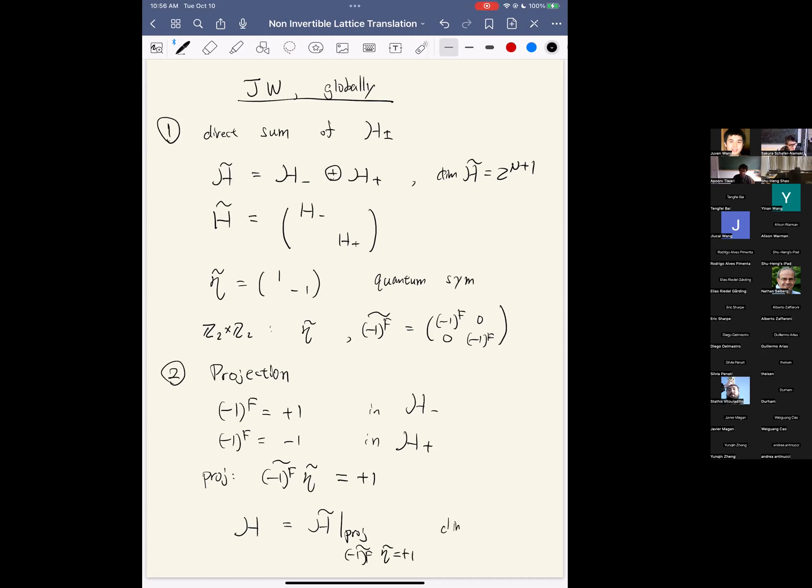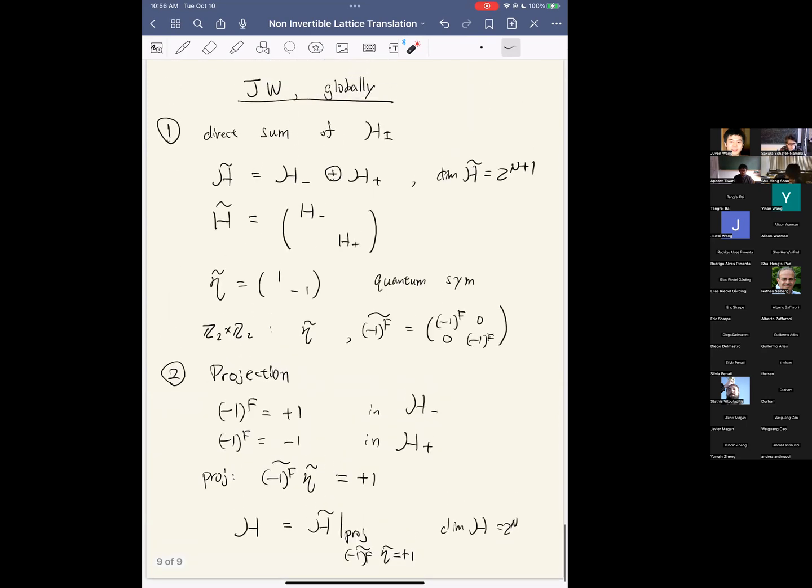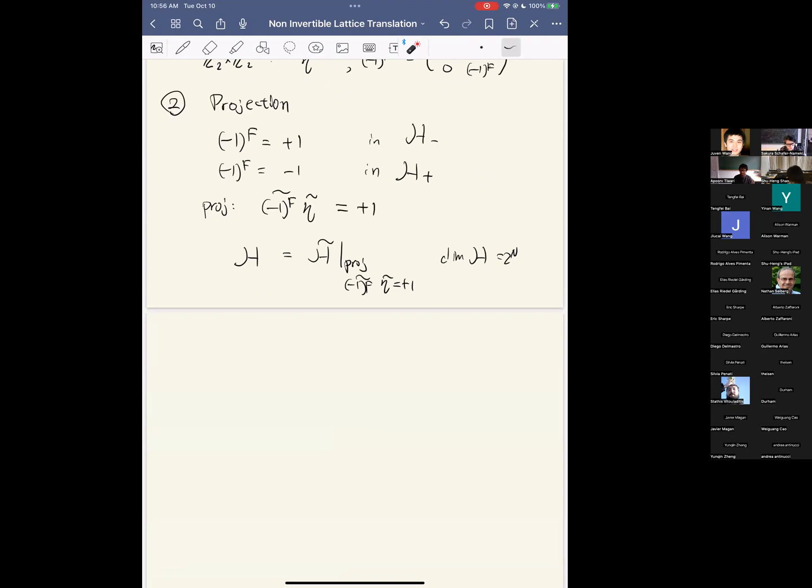And H is now 2 to the n dimensional. So in the first step, we double the Hilbert space. In the second step, we reduce it by half. So we get back a 2 to the n dimensional Hilbert space, but it's a linear superposition of the various sectors we had early on.